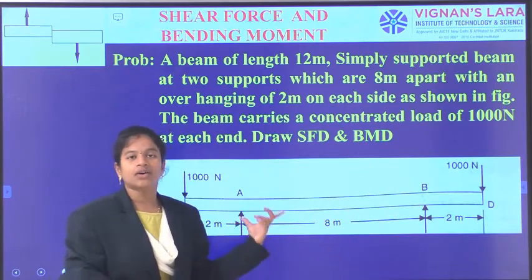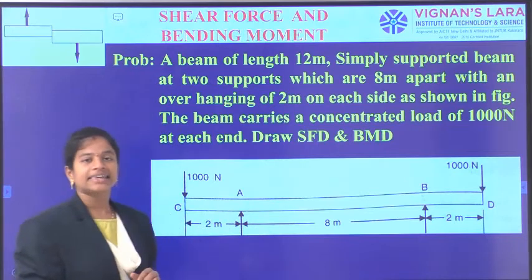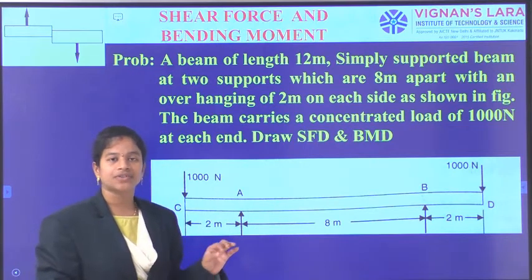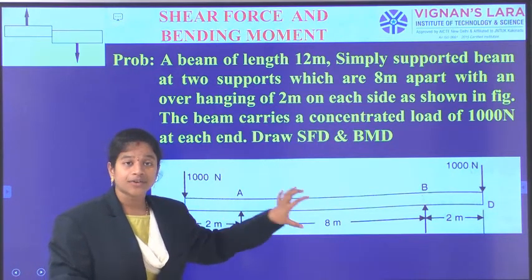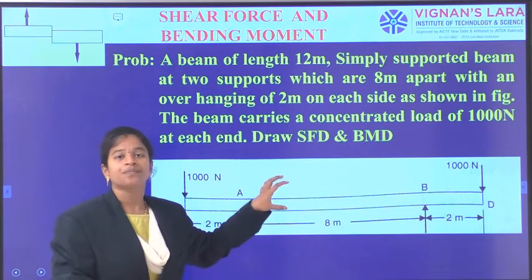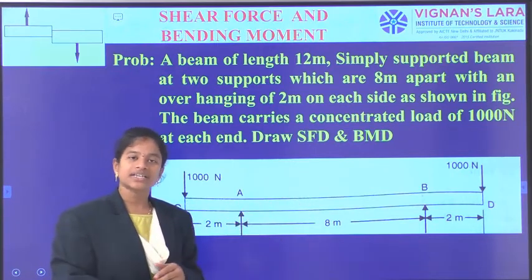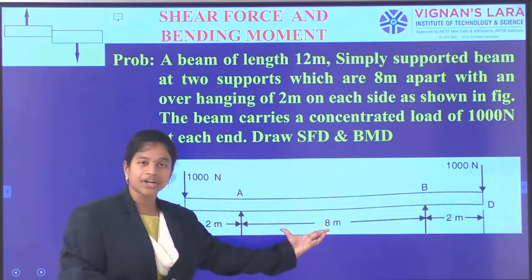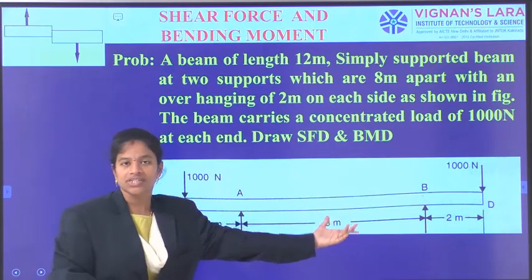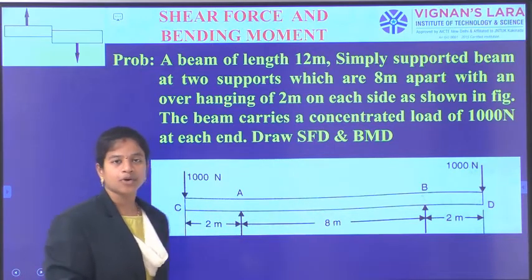As we have completed the picture of the loading, I can go into the calculation of the support reactions, as overhanging beams also follow the pattern of simply supported beams. Simply supported beam with overhanging portion. So analysis will start with the support reactions.